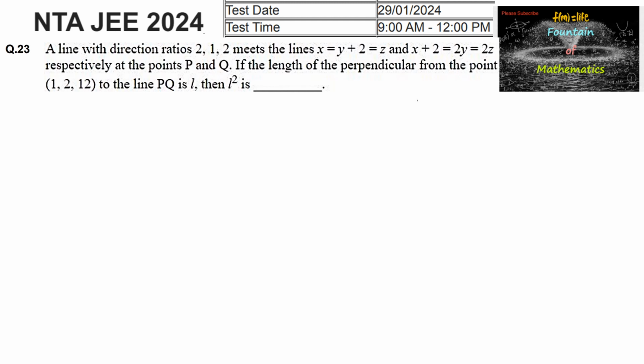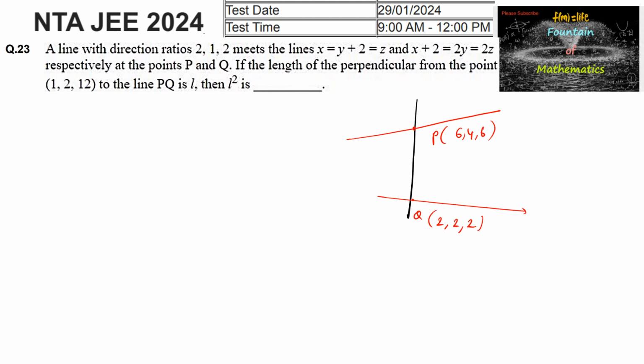So now the points, we can say the point P 6 comma 4 comma 6 and point Q 2 comma 2 comma 2 and point R is 1 comma 2 comma 12.